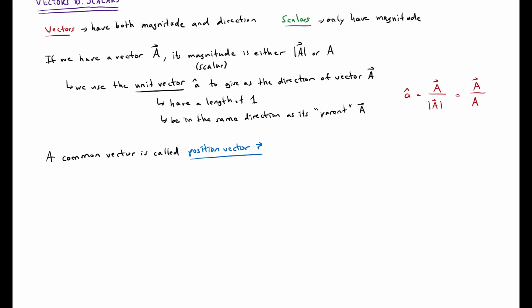Well, now we have a name for it. If there are 2 points, then the position vector r will have a magnitude of r in the direction defined by the unit vector r hat along the line connecting the 2 points.